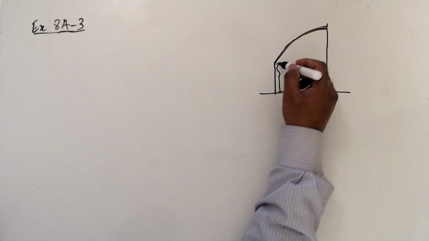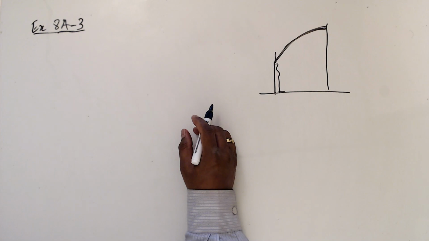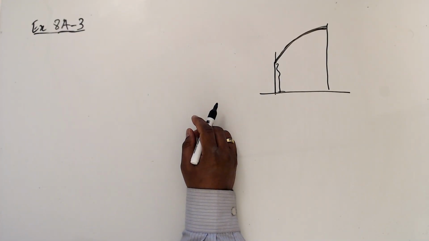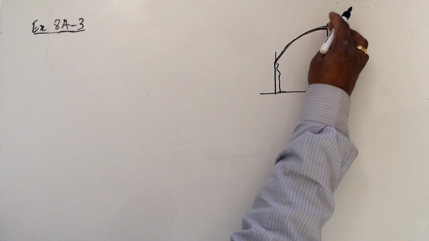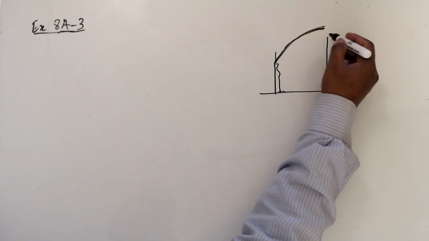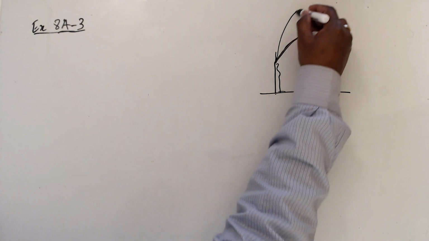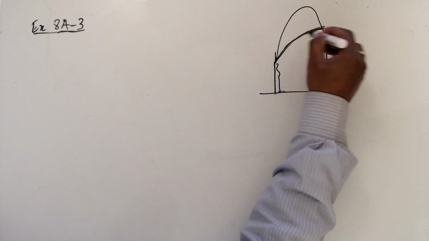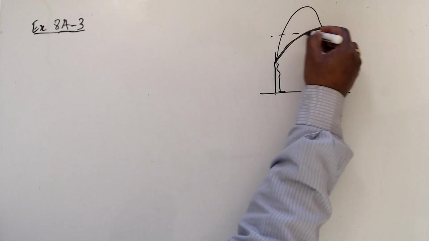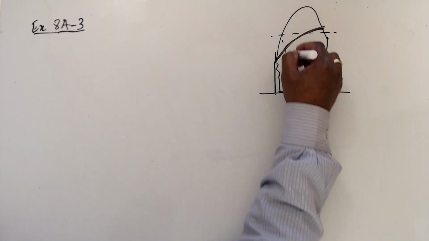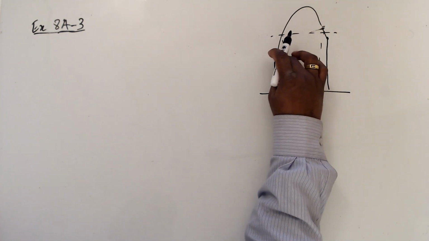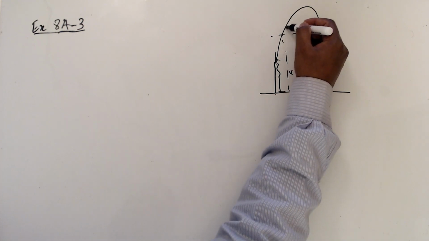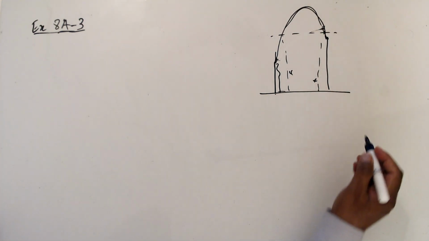Find two values of x at which the basketball is exactly 4 meters above the ground. It means somewhere from here it's going to be something like this. Assume this is the 4 meter level. Then at 4 meters, there are two occasions. So in that case, this one is the practical one. That's how the basketball is usually thrown.